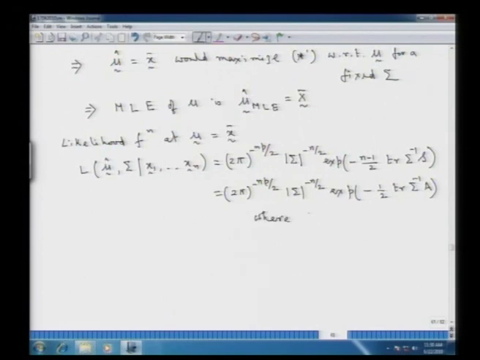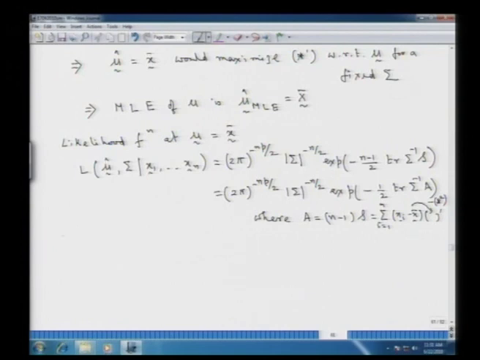This A is equal to n minus 1 times this S matrix, that is nothing but the sum over i equal to 1 to n of x i minus x bar into its transpose, right. So, this is now the form of the likelihood which we denote by, say, star 2. This is the star 2 form of the likelihood at mu equal to x bar, the maximized likelihood point.